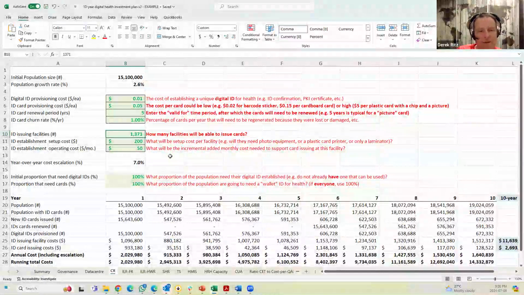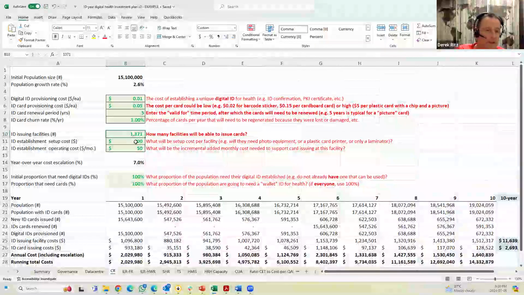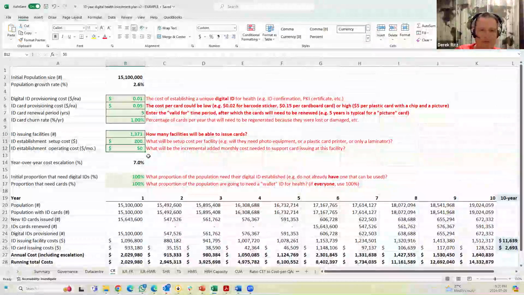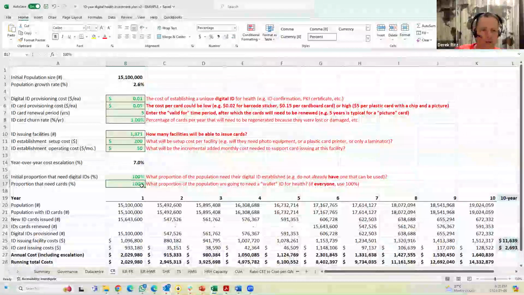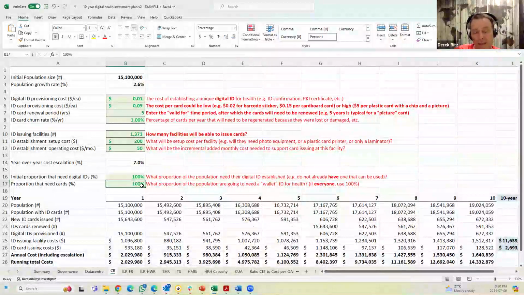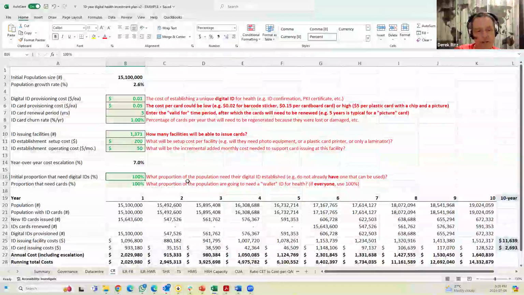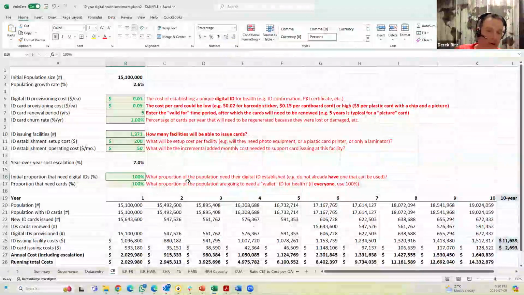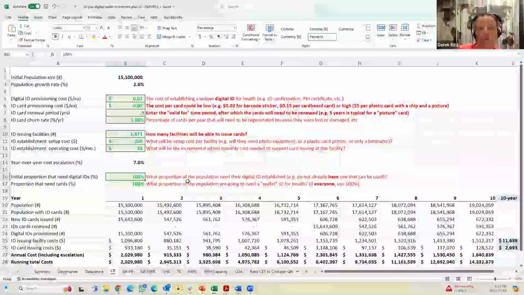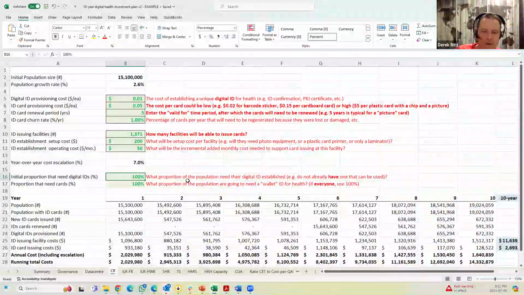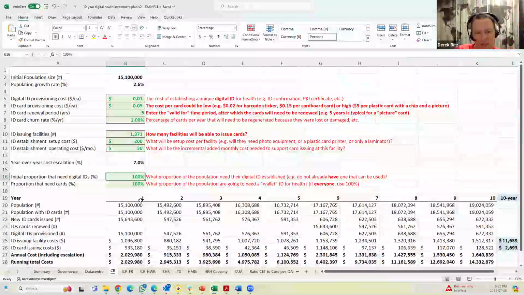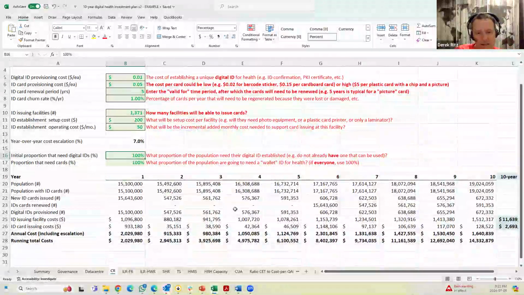If they're everywhere, you still have to have a printer and consumables. What proportion are going to need digital IDs and what proportion are going to need cards? Maybe you're able to leverage the national ID, and everybody over 18 already has one of those. So it might not be 100% that need the new digital IDs, maybe only a proportion of them. You put these numbers in and you see what the impact is in real time.